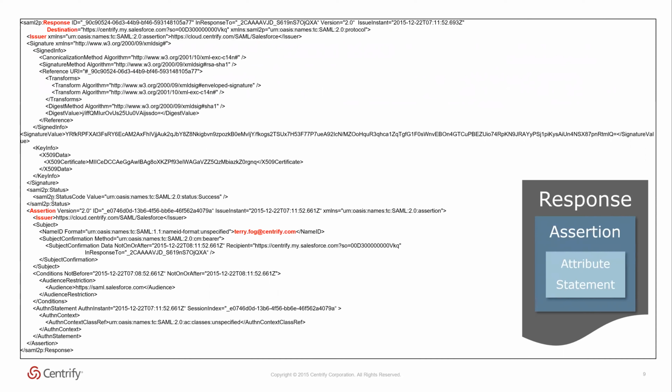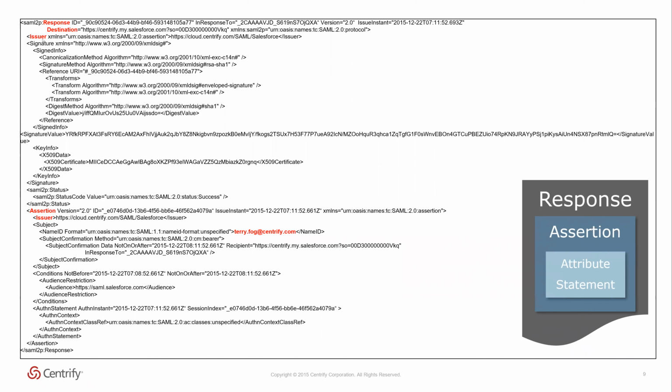Now, what about assertion? Assertion is actually a part inside the SAML response. So you can see this block here, right? That's the assertion. And inside it is a very important piece of information called name ID, which is in turn in an element called subject. This is where the identity value gets passed on, right? So it's inside the assertion. That's why the assertion is so important.